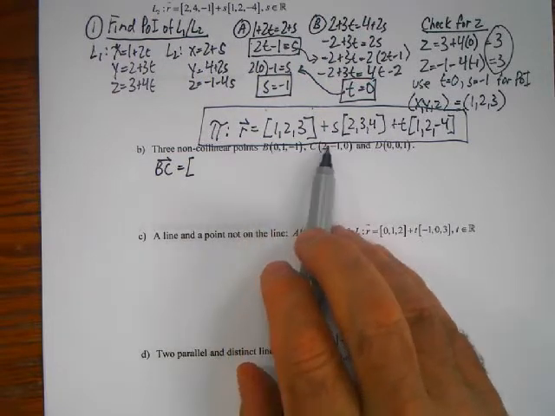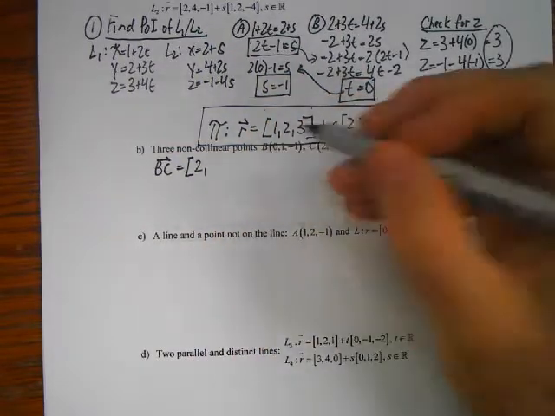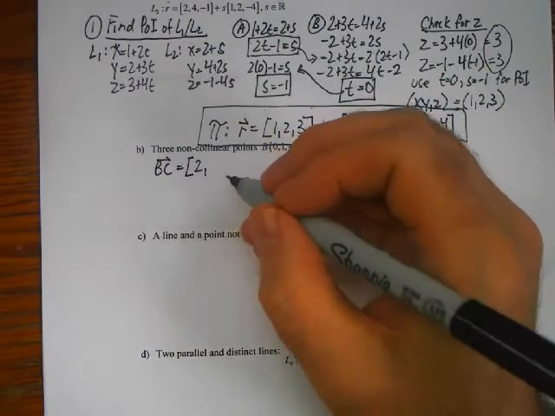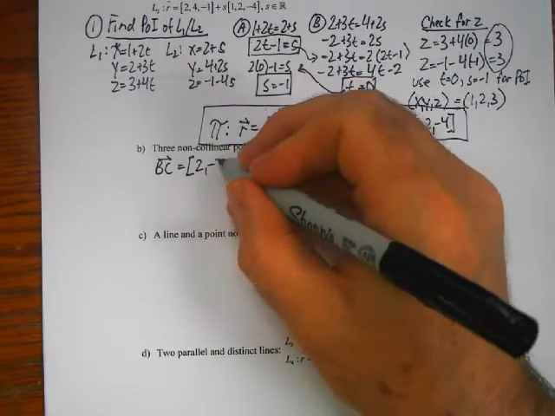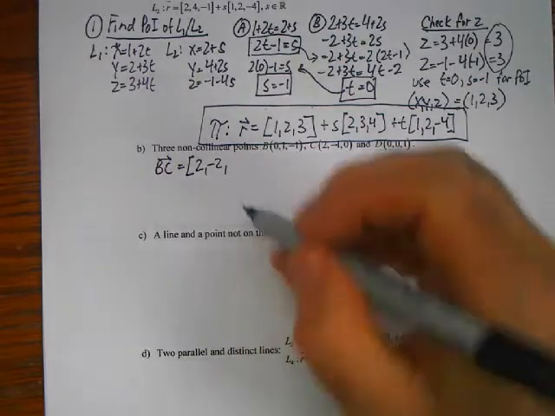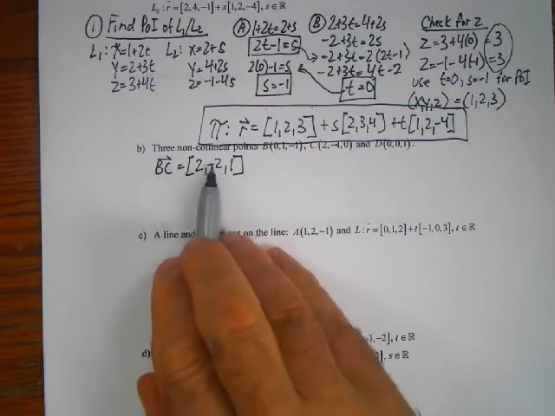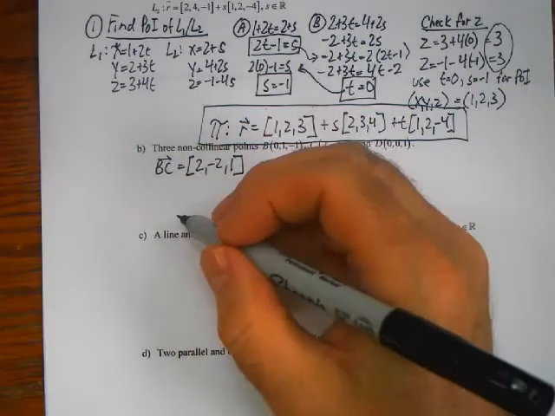So it's 2 minus 0, -1 minus 1, and 0 minus -1. So that's our direction vector from B to C. And then we could just choose another combination of points.